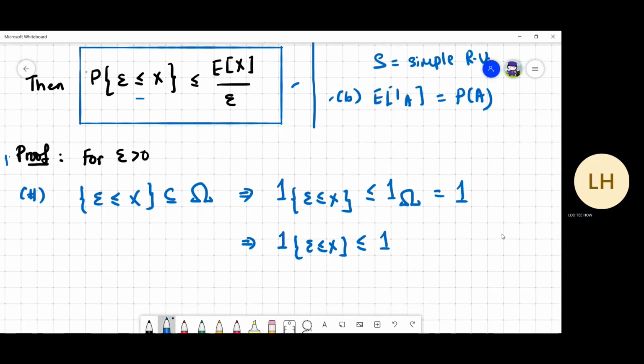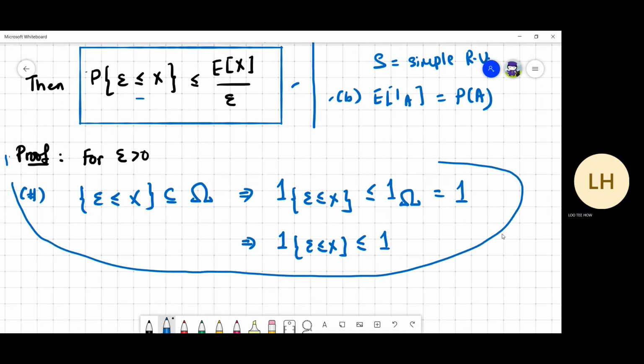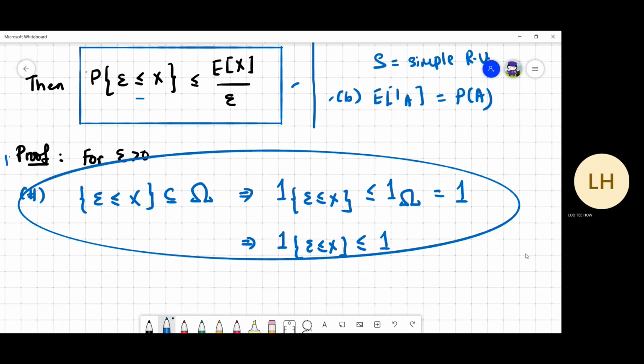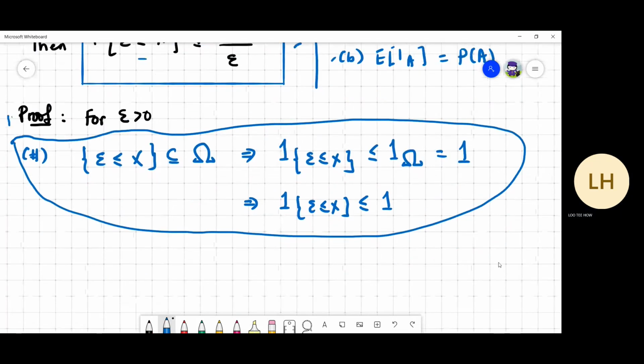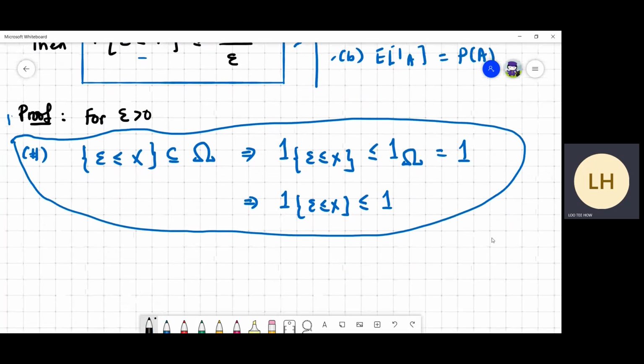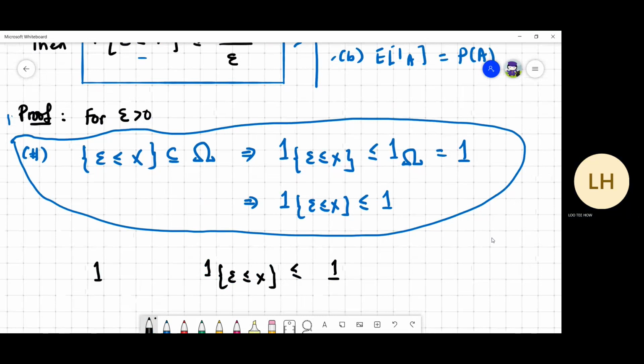So by using this observation, we can continue to the proof for this theorem. From here, we can see that the indicator function corresponding to this event is always less or equal to 1. So we already know this. Next, let's look at this.